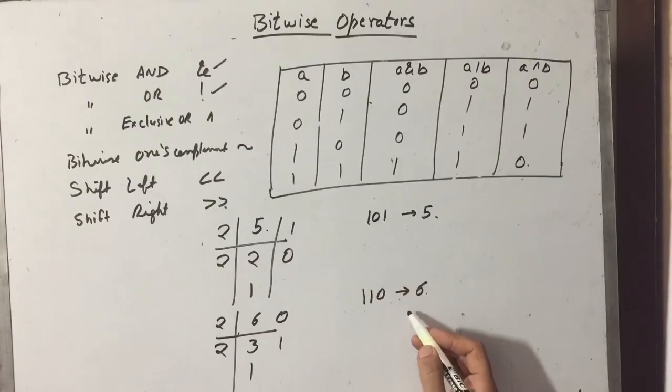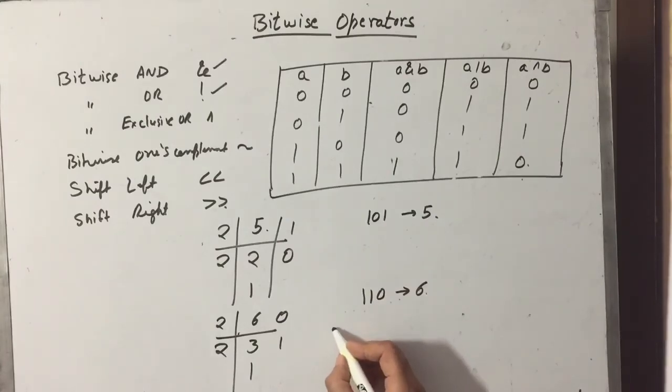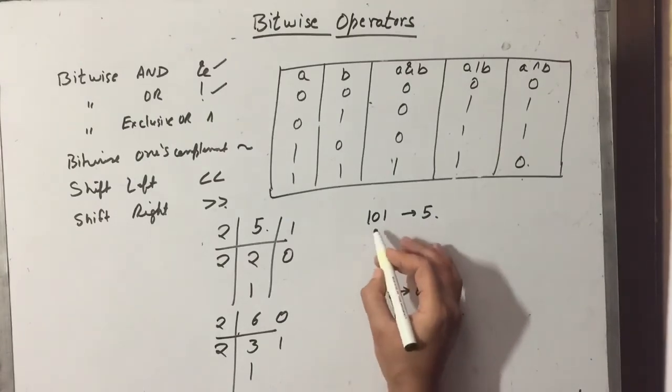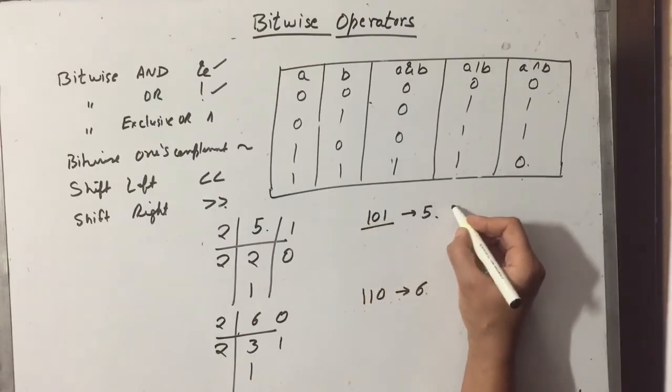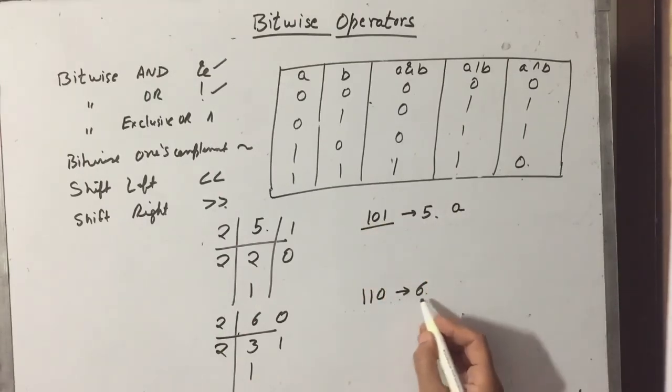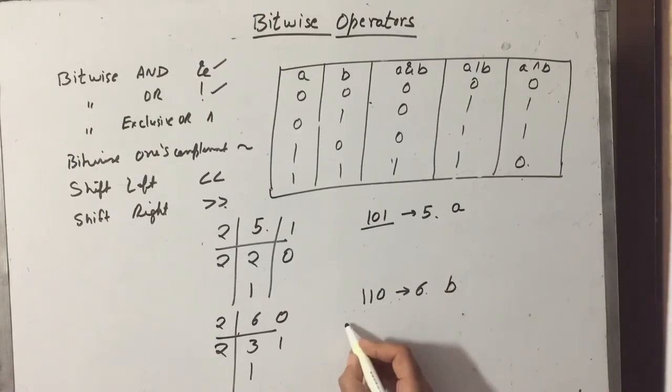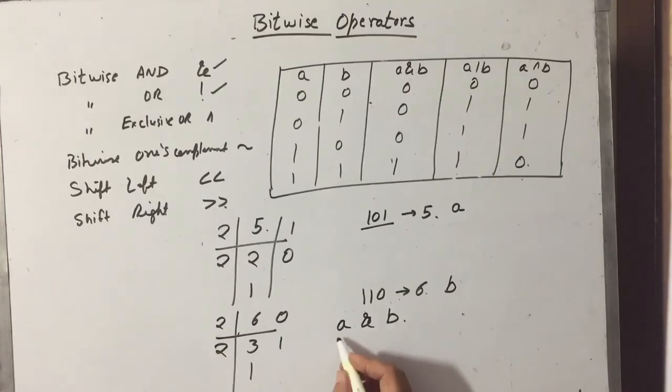Now if we have to do AND of these two, suppose 101, which is 5, is A and 110, 6, is B. So you will write here A and B. So the value of A is 101 and the value of 6 is 110.